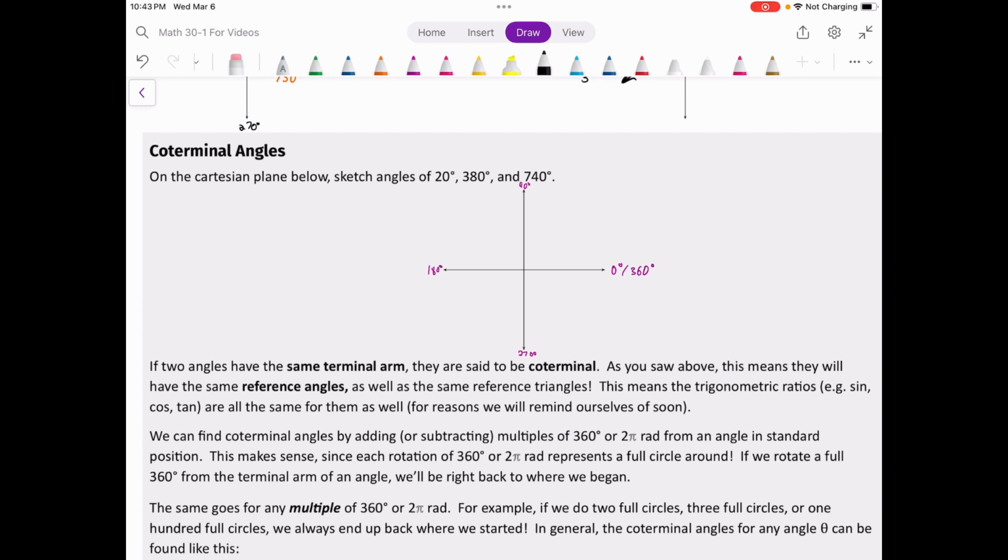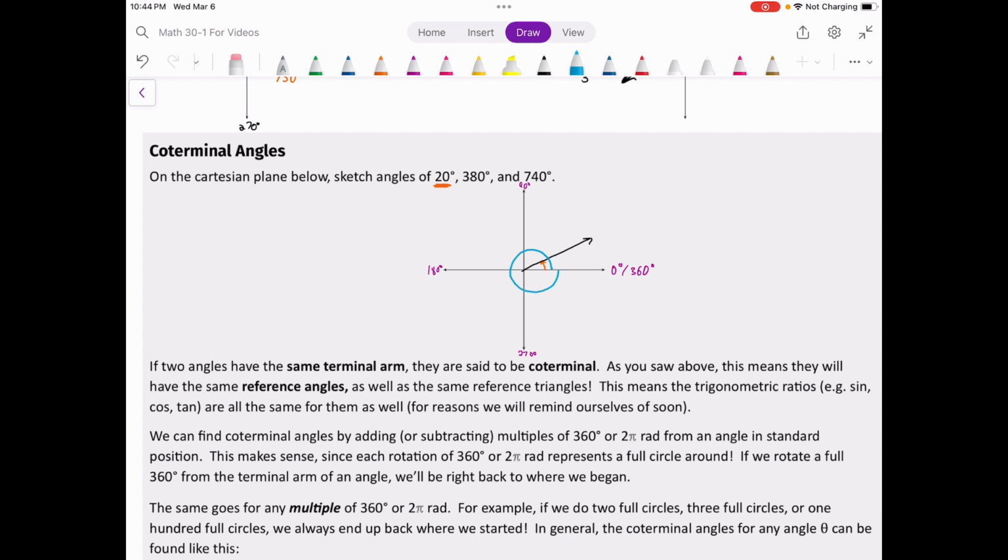So here we go. Let's do 20 first. Starting from 0, I'm going to go 20 degrees. That was pretty quick. There would be the terminal arm for that angle. That's a 20-degree angle. I'll color code it in orange there. Now we want to do 380. I'm going to use a different color. How about blue? I'm going to go all the way to 360.